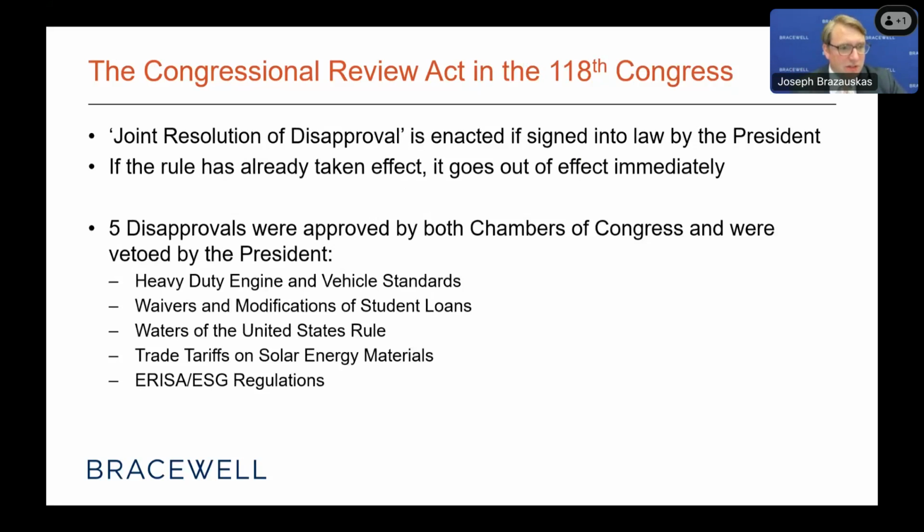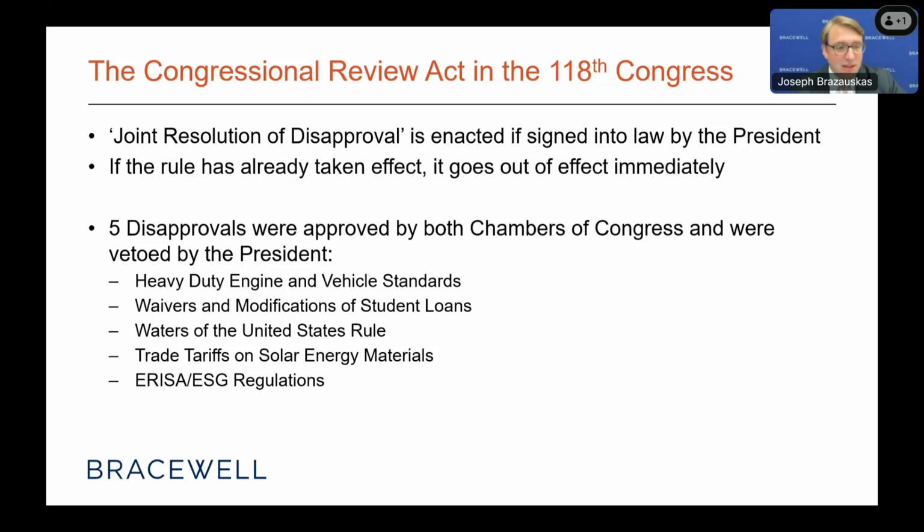Five disapprovals were approved by both chambers of Congress and vetoed by the president in the 118th Congress. These are instances where the House and the Senate both passed a disapproval resolution, and those resolutions went to the president's desk where he vetoed them.